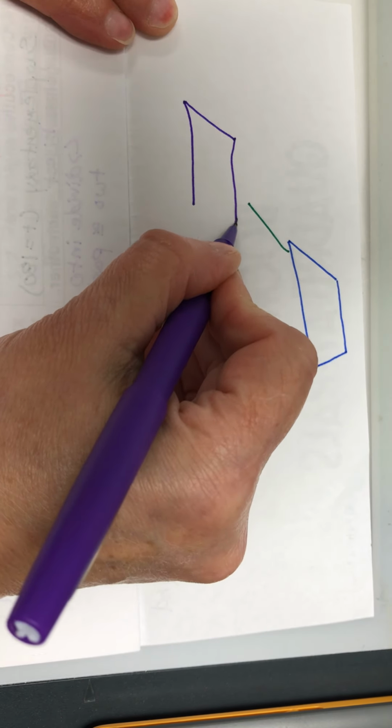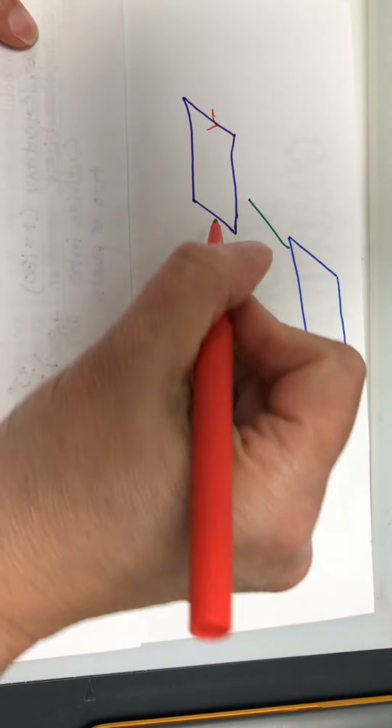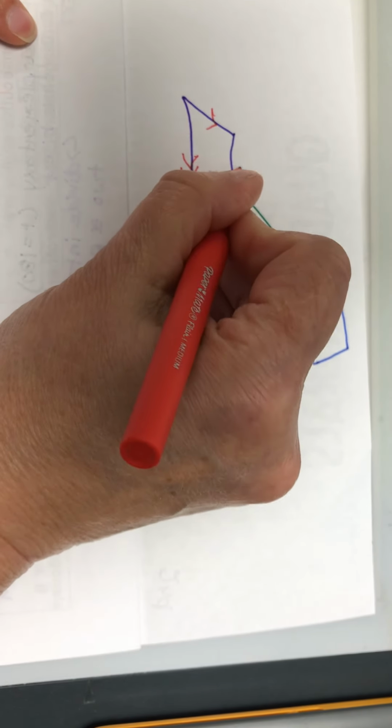Whoa, should not be wavy, should be segments. Okay, opposite sides are parallel. 2 pair of opposite sides parallel.